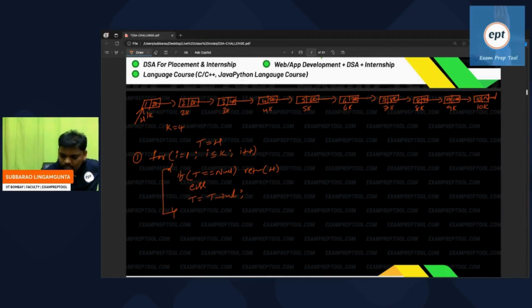Suppose the first node is there, then t is equal to t next, check whether the second node is also there. Suppose the second node is not there, simply return head saying that k people are not there, I cannot reverse. Suppose second is also there, then t is equal to t next, then go to the third node. It will continue like 4 times. K value 4, it will repeat 4 times.